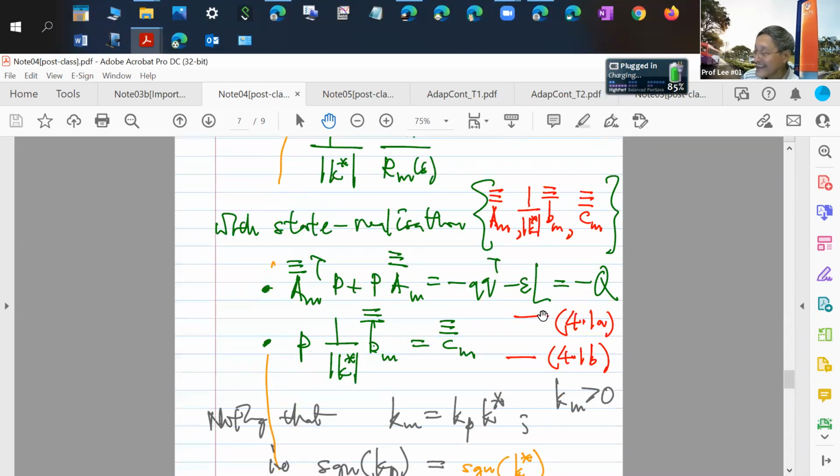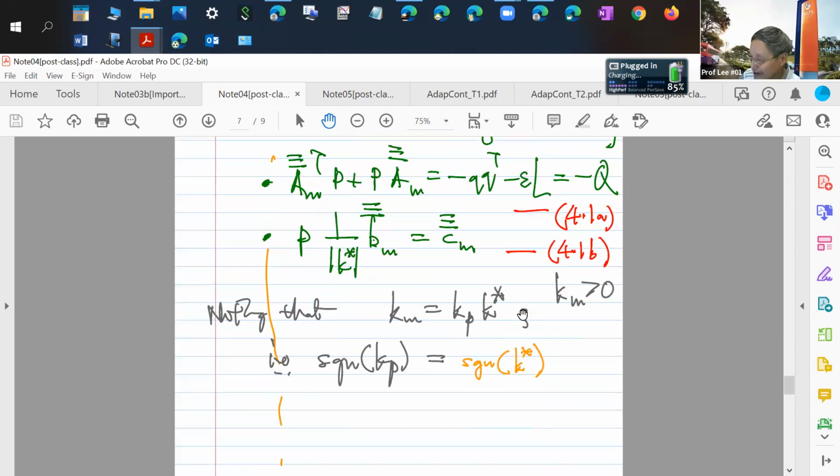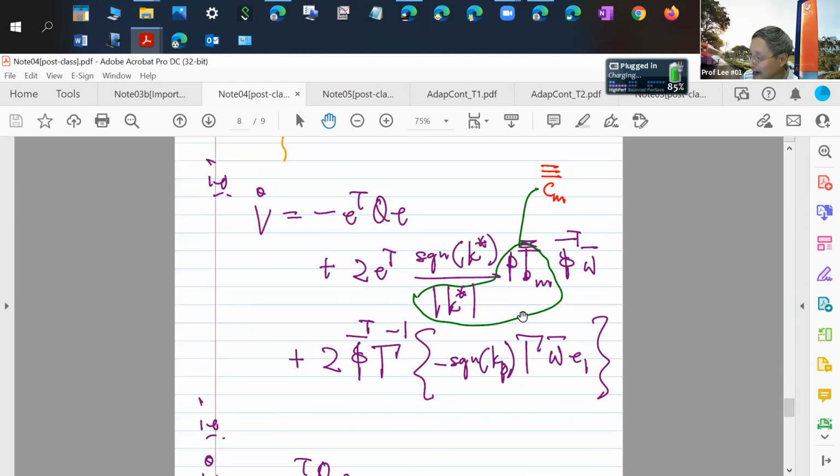Because we will now say, with all of this, with the Kalman-Yakubovich lemma, now this is C_M, it's E transpose C_M, but E transpose C_M is a scalar, you can change it back to C_M transpose E, and it will be E1. So this is E1.